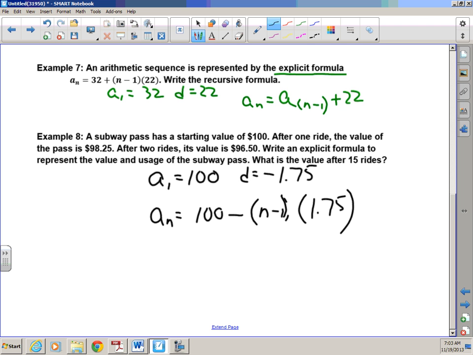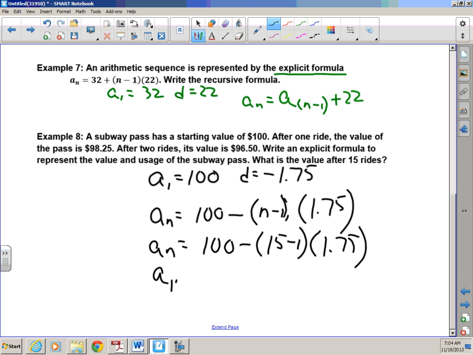So to find the value after 15 rides, now I have to just do the math. I should write this A sub 15, 100 minus 14 times 1.75.